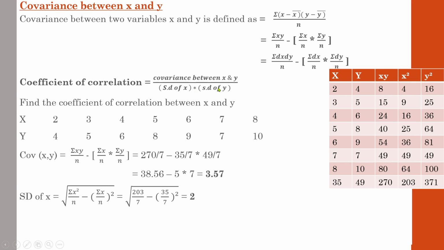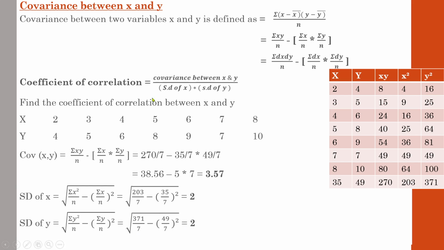Next, the standard deviation of y equals the root of sigma y square by n minus sigma y by n the whole square, which is the root of 371 divided by 7 minus the square of 49 divided by 7. Here also, by mathematical steps, you will get 2.